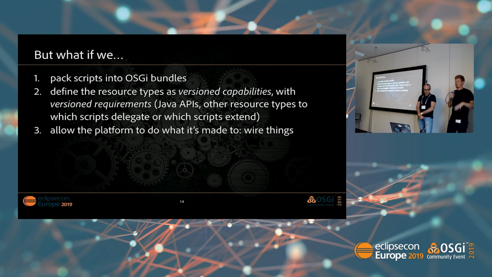I mean, that makes some sense just immediately, but is there a way to actually push down the additional things like resource types and all these other things into the OSGi world, so that then we can take advantage of the OSGi framework, because that's what it was made for, at least in parts, to wire things together, right?